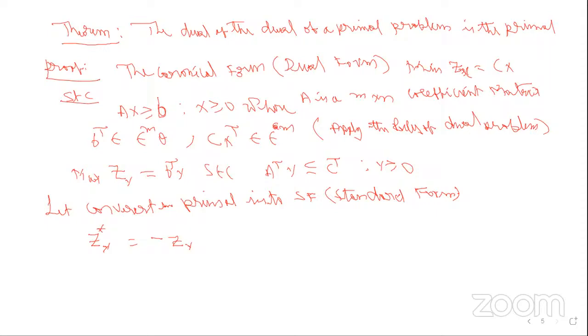That means, how do you write z of y star? z star y is nothing but minus b transpose y.